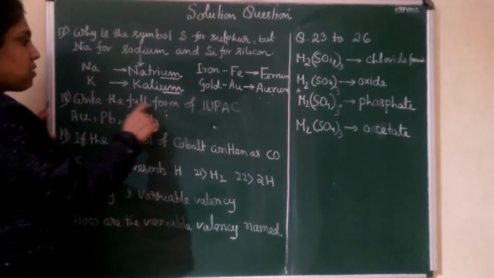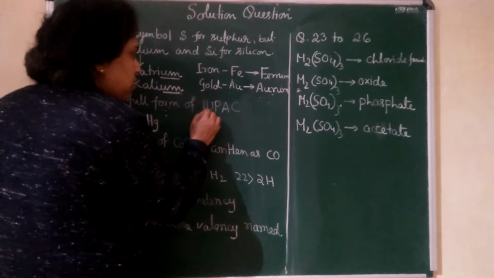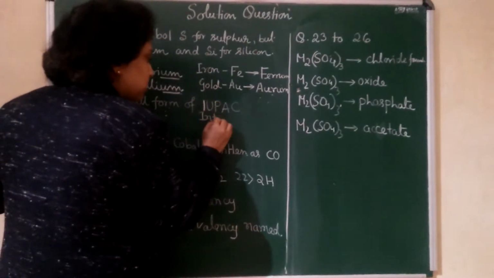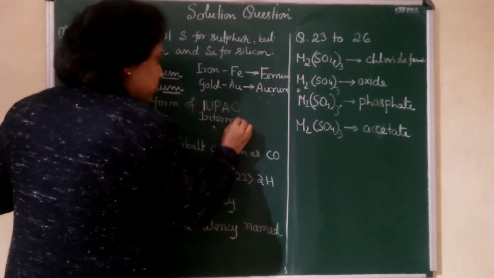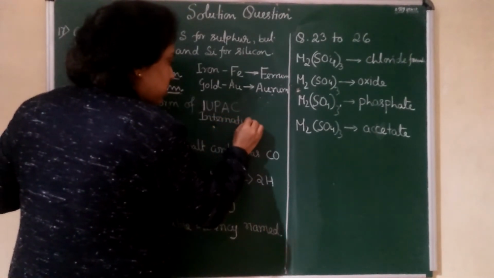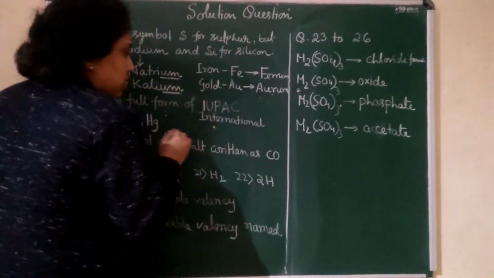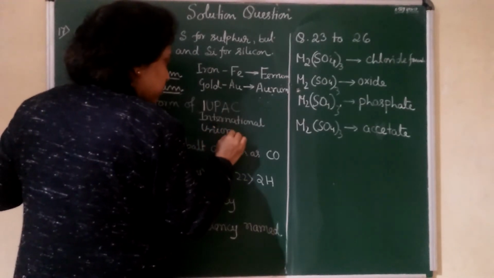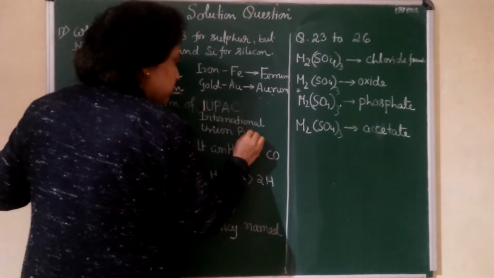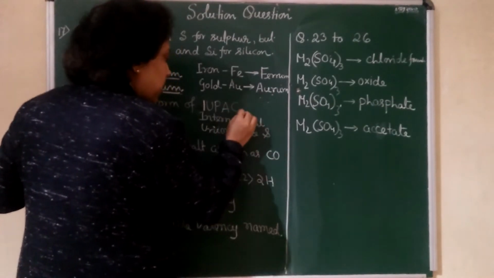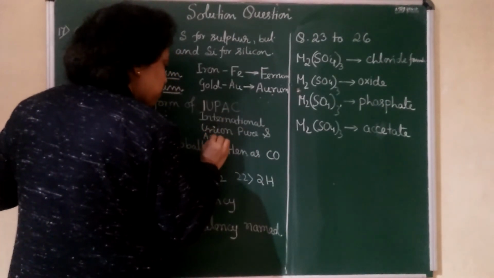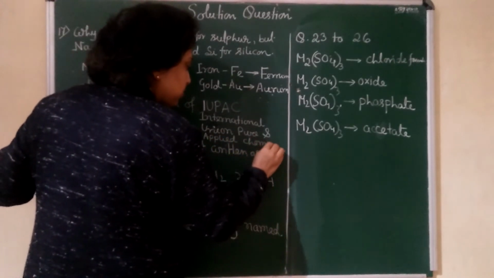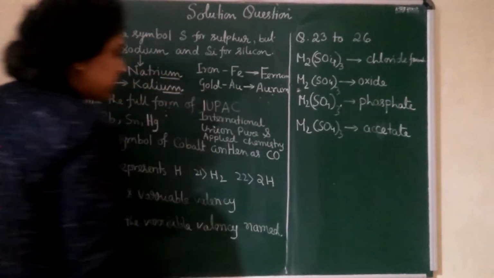Next question. What is the full form of IUPAC? I stands for International, U for Union, P for Pure, and AC is Applied Chemistry.